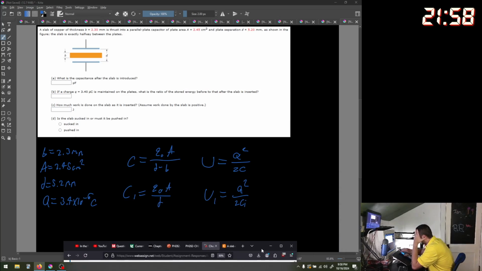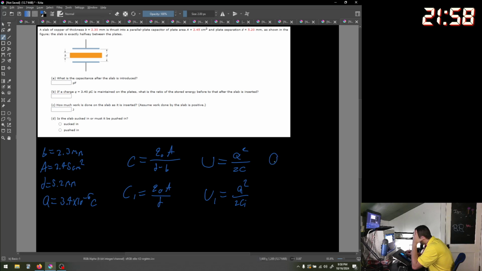So what we do is Q squared D over C minus Q D minus B over C. And in this case, C equals epsilon 0 A. So instead of, actually it wouldn't really be C, it would just be epsilon 0 A over D. This would be epsilon 0 A over D minus B. See, these are going to be our C's, but because we're dividing by division, we make it a multiply.